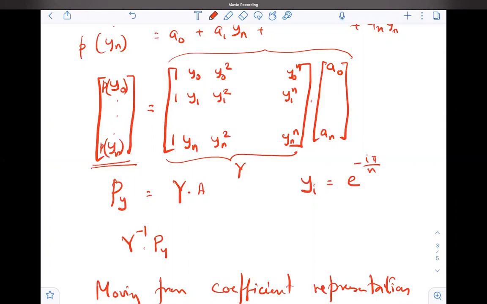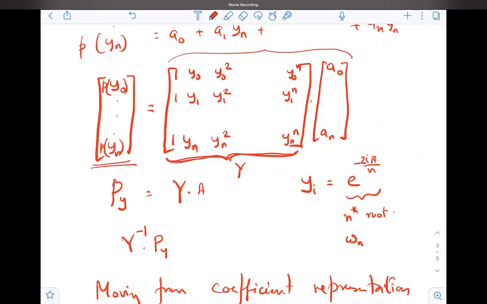Right. So maybe it's 2 pi. 2 pi, yeah. So if it is basically the nth root of unity, which is also represented as Wn, then what is this structure?